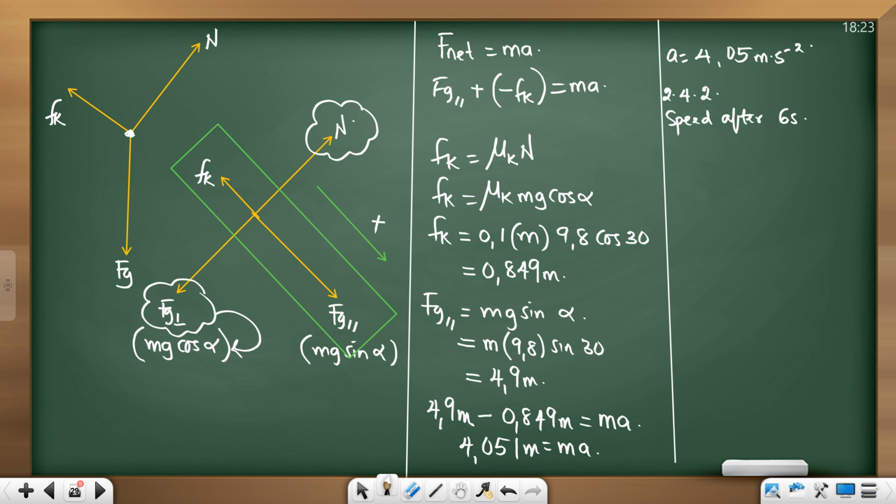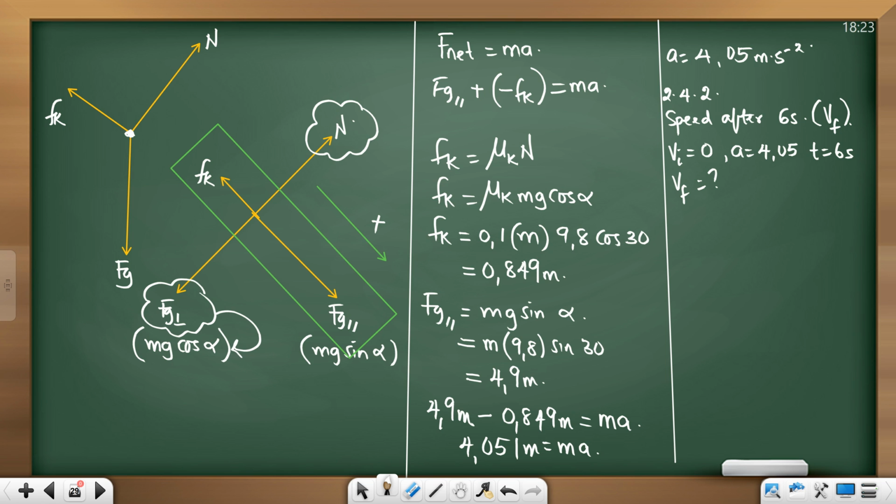I don't think that should be much of an issue. We're looking for final velocity, right? Let's list the things that we have. Initial velocity is 0. Acceleration is 4,05. Time is 6 seconds. And we're looking for final velocity.